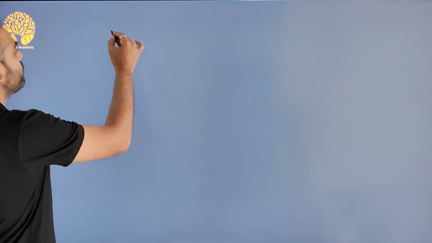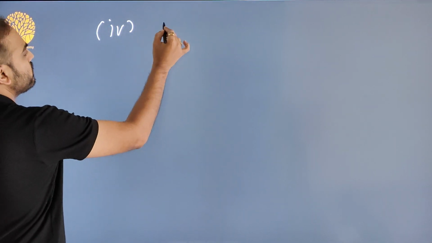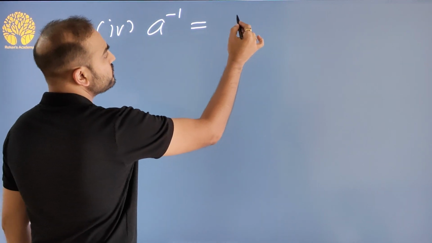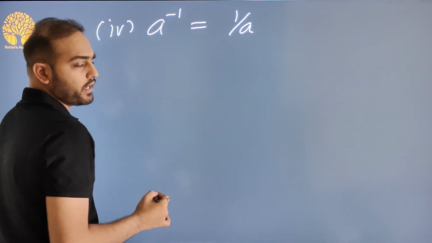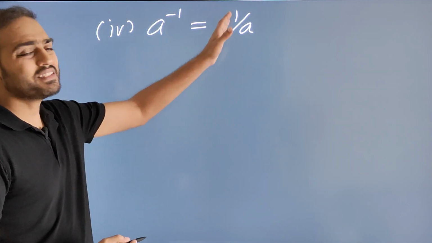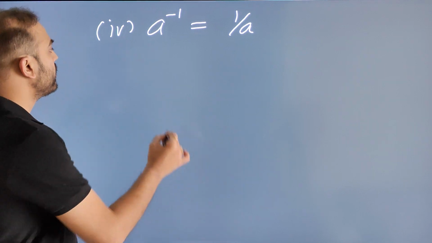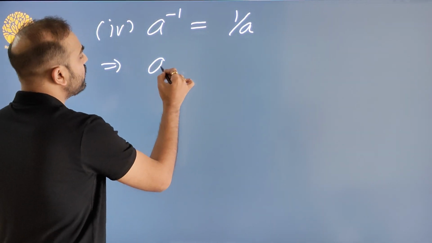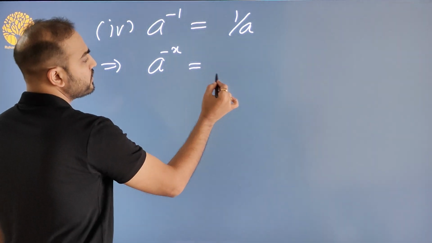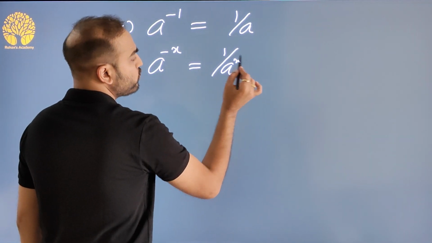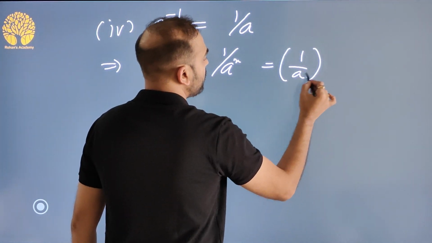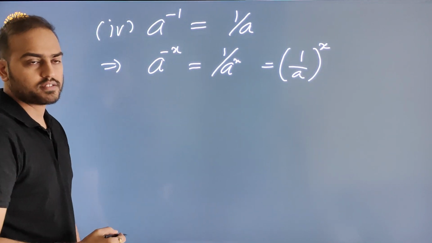Into the next one, we have negative power. A to the power minus 1 is 1 by a. Negative power simply means reciprocal. If we try more on this, a to the power minus x is 1 over a to the power x, or using the previous one, 1 by a whole to the power x.